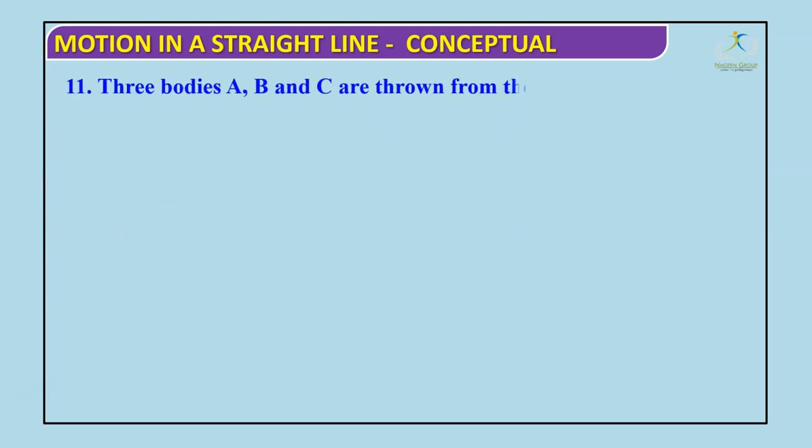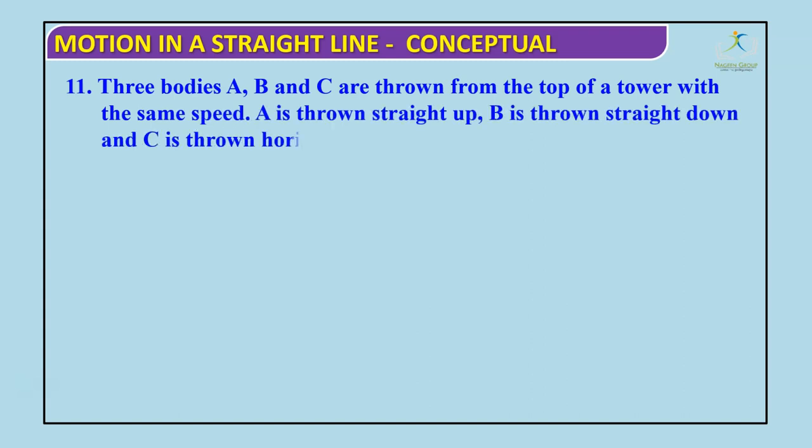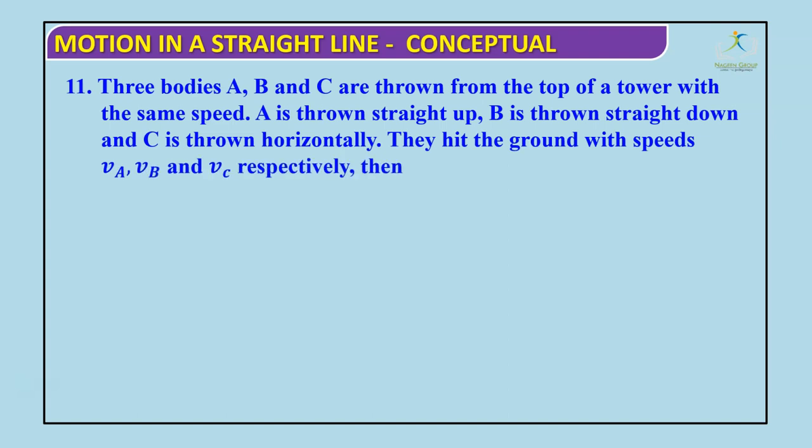Next question: three bodies A, B and C are thrown from the top of a tower with the same speed. A is thrown straight up, B is thrown straight down and C is thrown horizontally. They hit the ground with speeds VA, VB and VC respectively.